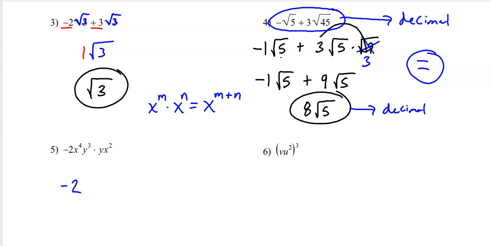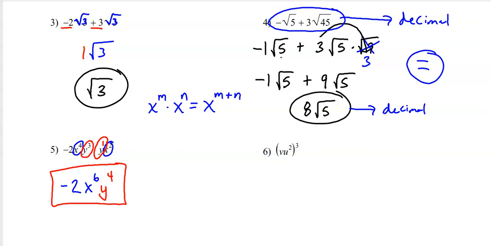So that's just going to be there. Now when I look at my x's, I have x to the 4th times an x squared. Well, that would be x to the 6th. Now when I do my y's, I have a y to the 3rd, and that's really a y to the 1st. So that would be a y to the 4th power, and I am finished.